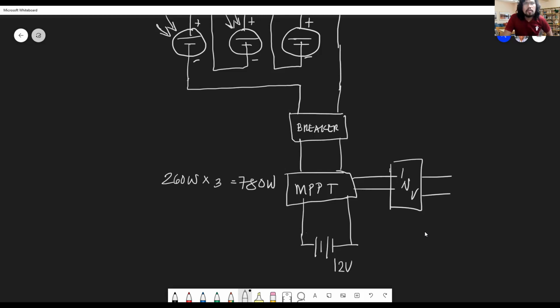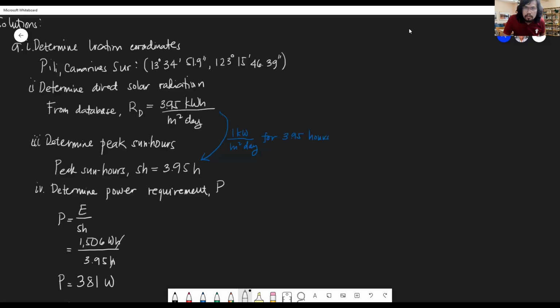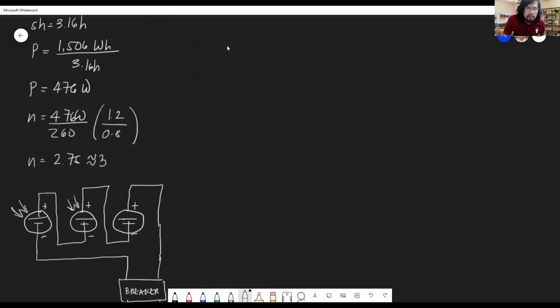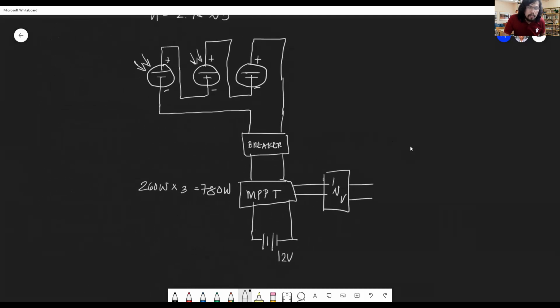And then the 780 you now divide by the voltage of the battery.